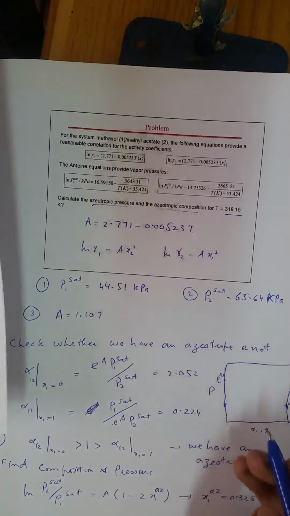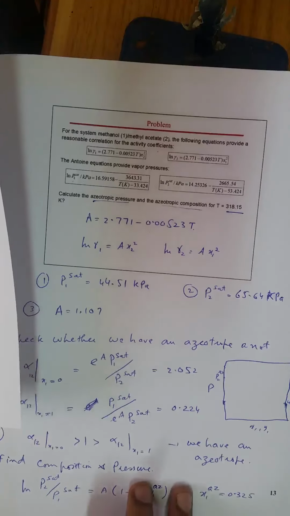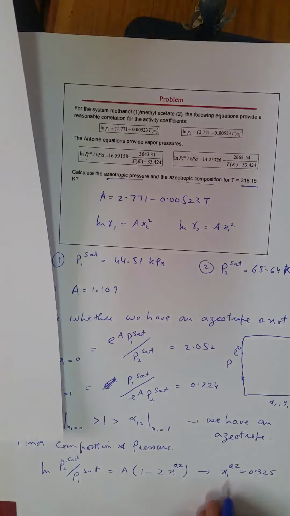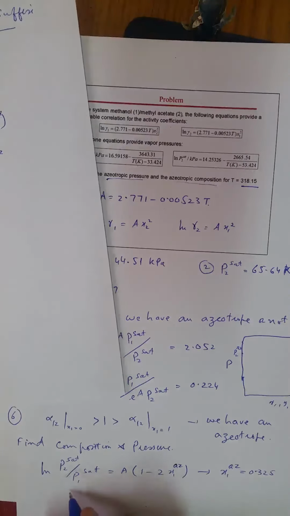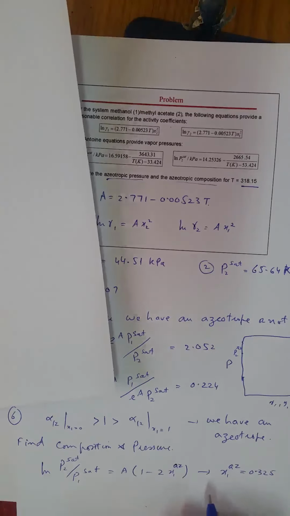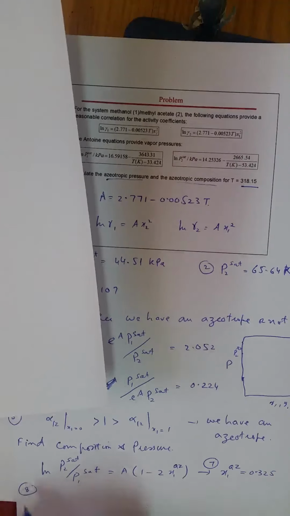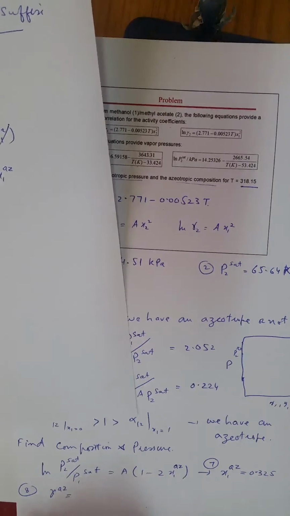So we have an azeotrope. First we need to find the pressure also, then we can find the gamma. So this is the 7th step. The 8th step is that we have to find gamma at the azeotrope.